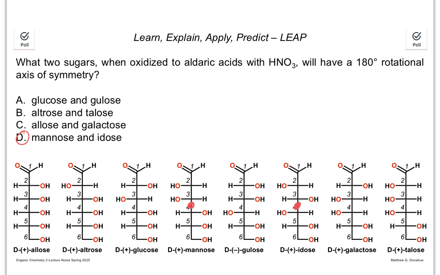So what can I say about that before we move on? That was some of the logic that Fischer used to help prove what the structure of glucose ultimately was. Again, associated with these signs.